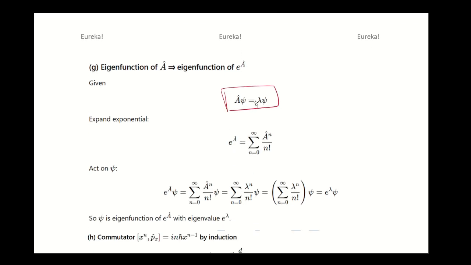It is given that psi is an eigenfunction of A and the eigenvalue is lambda, so basically A psi gives lambda psi. If we consider the exponential form e to the power A, in general e to the power x has the series expansion 1 plus x plus x square by 2 factorial plus x cube by 3 factorial, and so on.